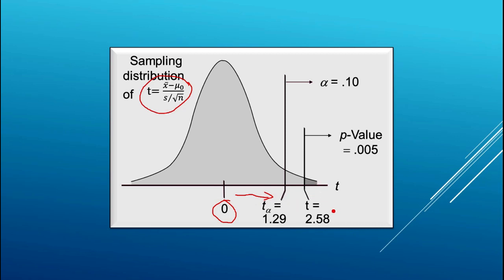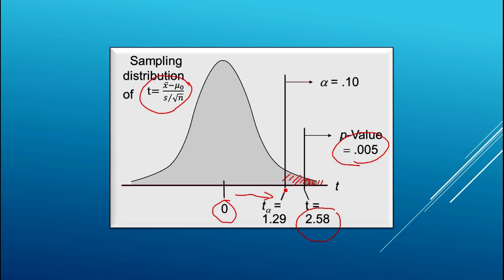So with the p-value approach, I take my test statistic of 2.58, and I look at the area to the right because it's an upper tail test. I look at the area to the right, and I find out that it's 0.005. Well, that 0.005 is definitely less than my critical value, which is 10%, right?